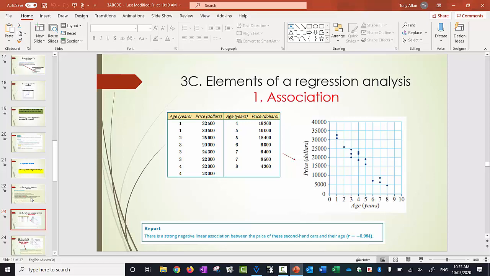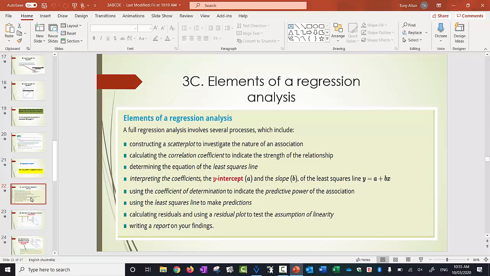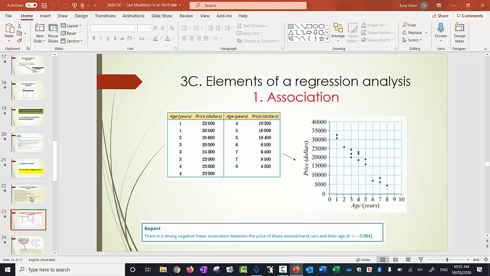And assuming it's linear, which it is, then you can use R. So really we've done the first two: we constructed a scatter plot to investigate the nature and calculated the correlation coefficient. First step is do the scatter plot and make your words about it. Second step is to include the value of R in it.